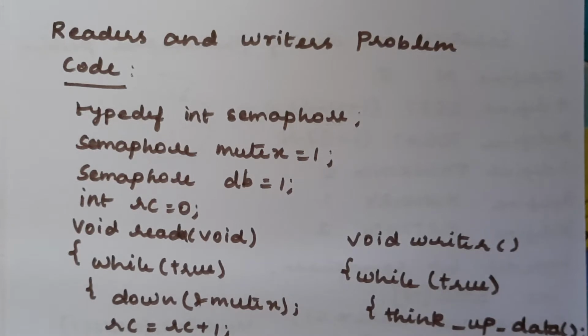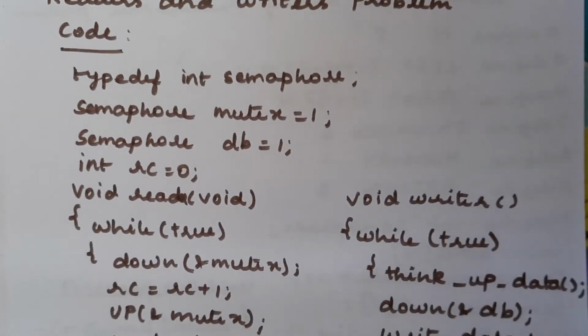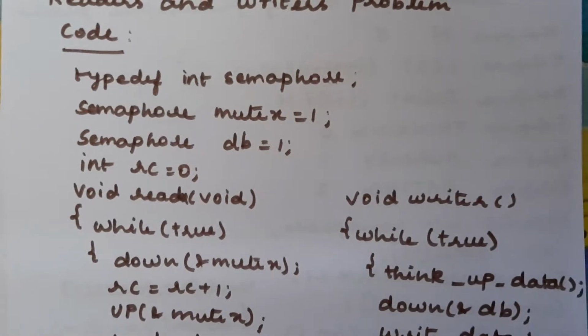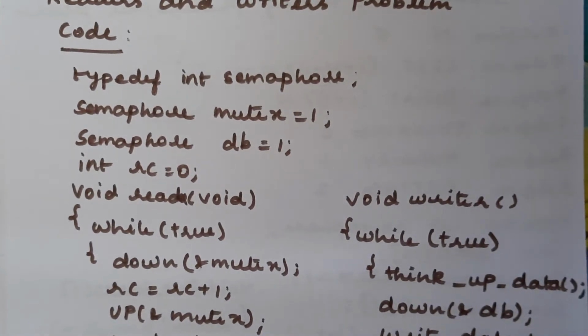Before entering into the code, I would like to tell you the concept of the readers writers problem, and the condition we need to check whenever a process performs read or write access. If more than one process wants to read the data, it is possible because they only perform the read operation.